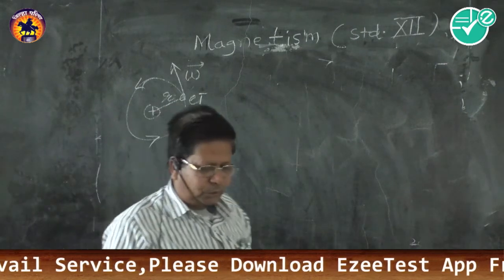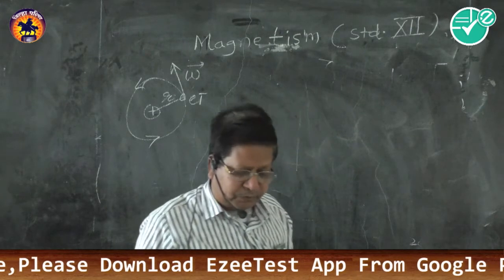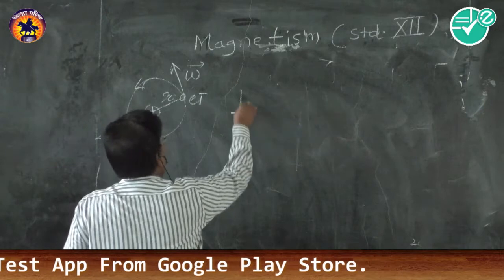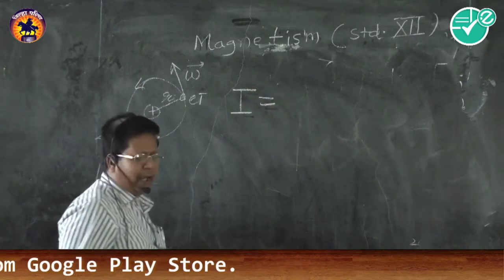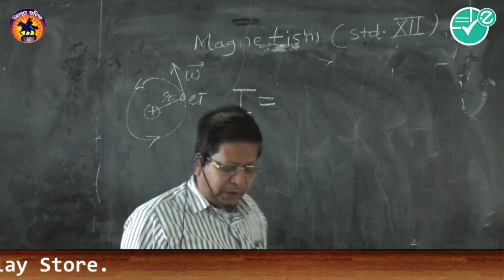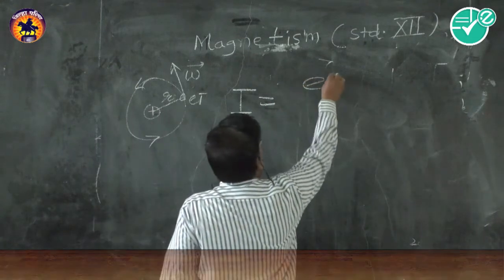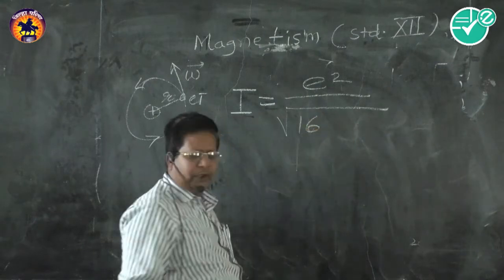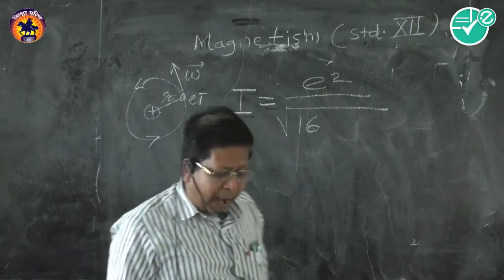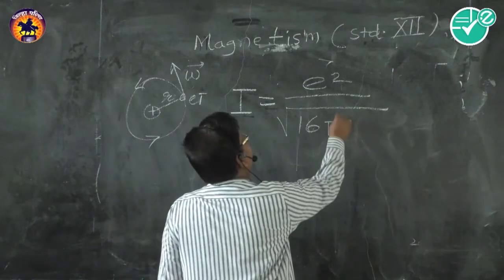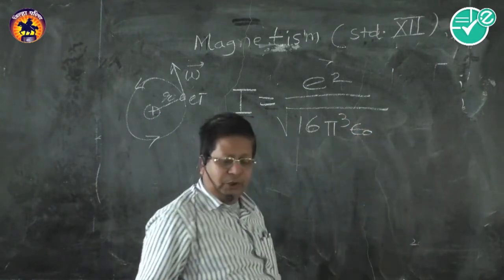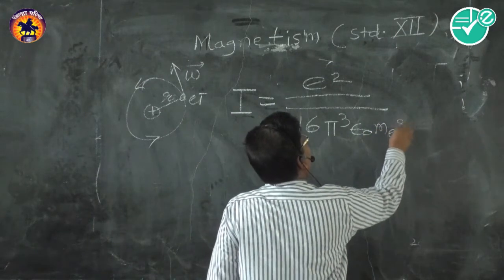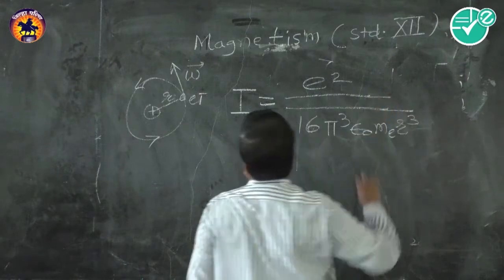And if we want to show the value of this current, the current in this coil is given by I is equal to e square divided by square root of 16 pi cube epsilon 0 me into r cube.